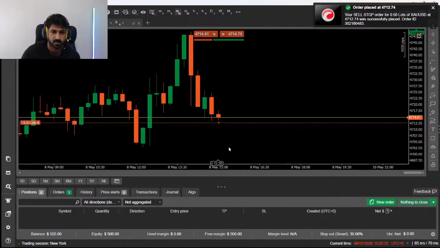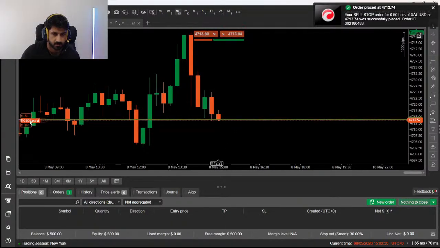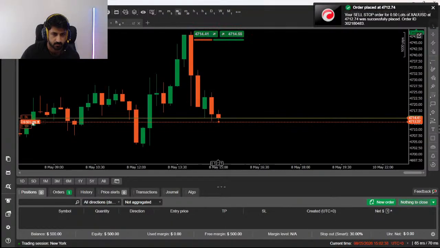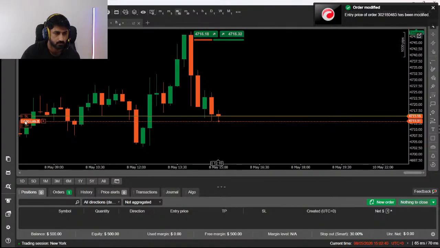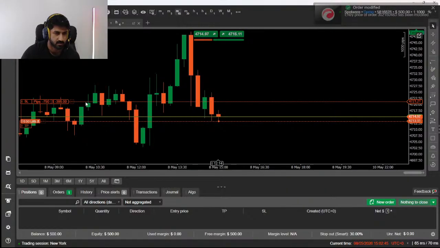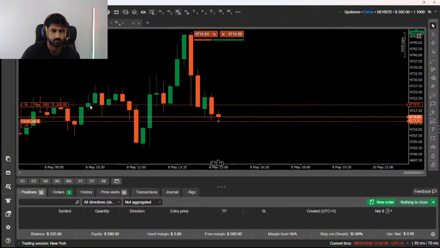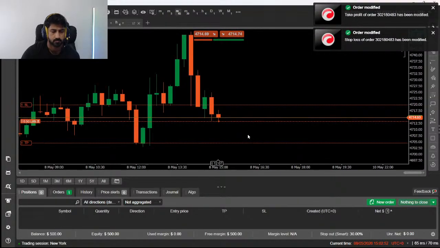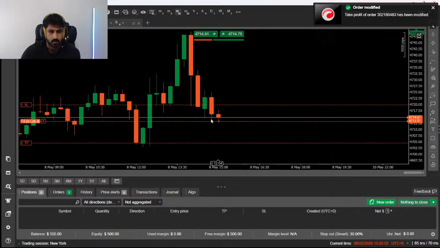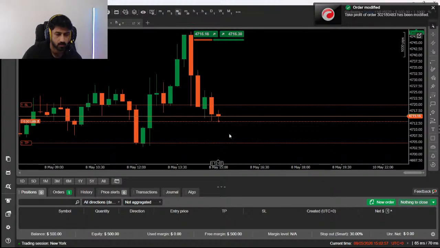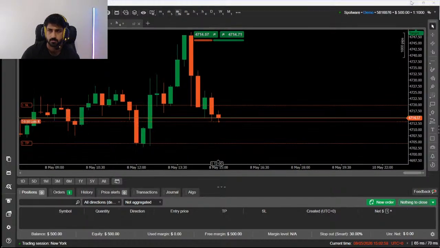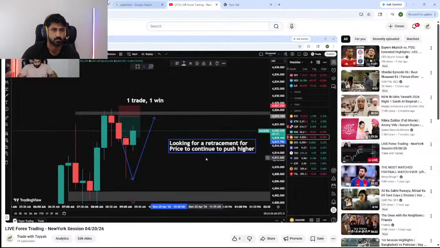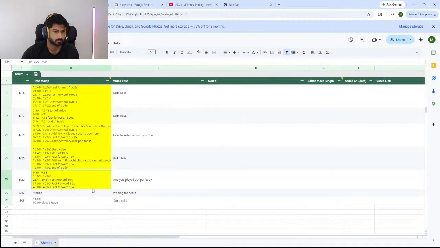I'm going to have a sell stop at the break of this candle, and the stop loss will be above the previous candle's high. Waiting for setup.